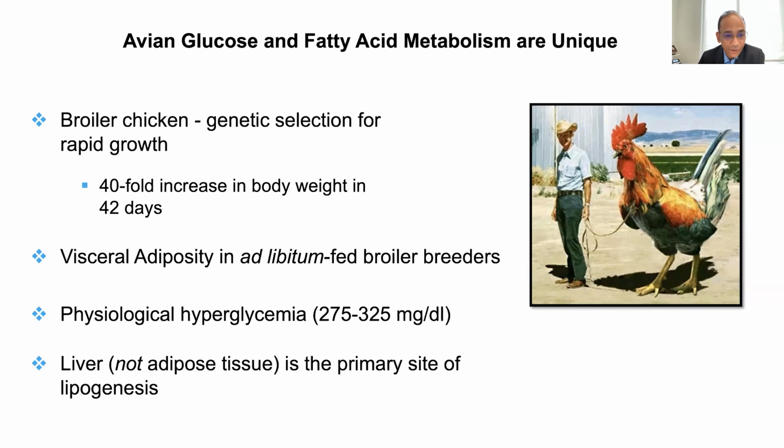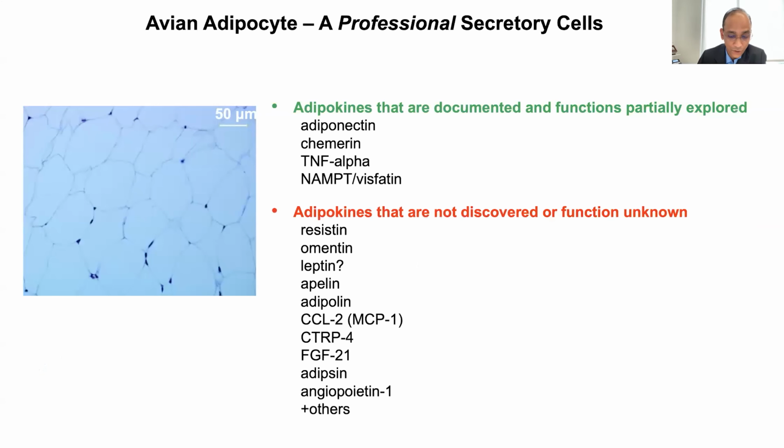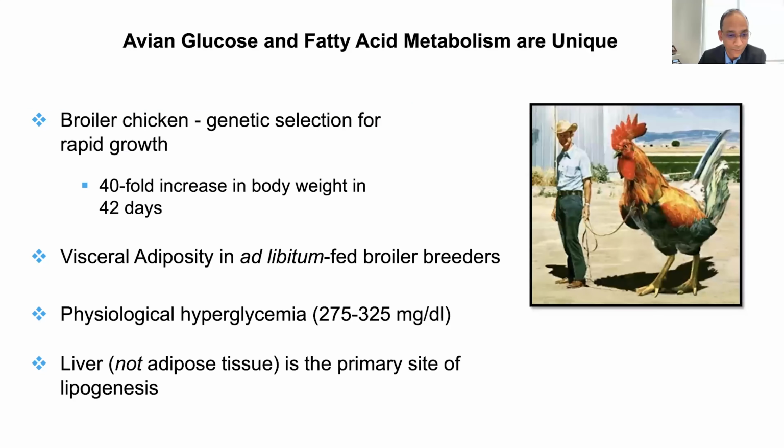And I also want to point out from the previous talk from Grigori, he talked about the TCA cycle, the tricarboxylic acid cycle, and that is key for the energy metabolism. And we need to understand that all avian species, not just the Gallus species, all avians have a very high blood glucose level when you compare that to mammals.